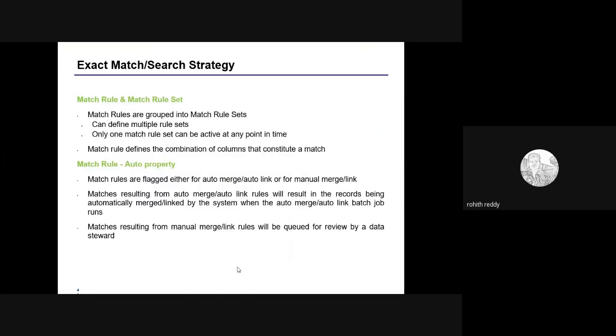I also told you about the auto property for auto match. If we disable this auto property and set it to no, a data steward or business user, whoever it may be, has to manually intervene and decide, if we make the match rule auto as no.